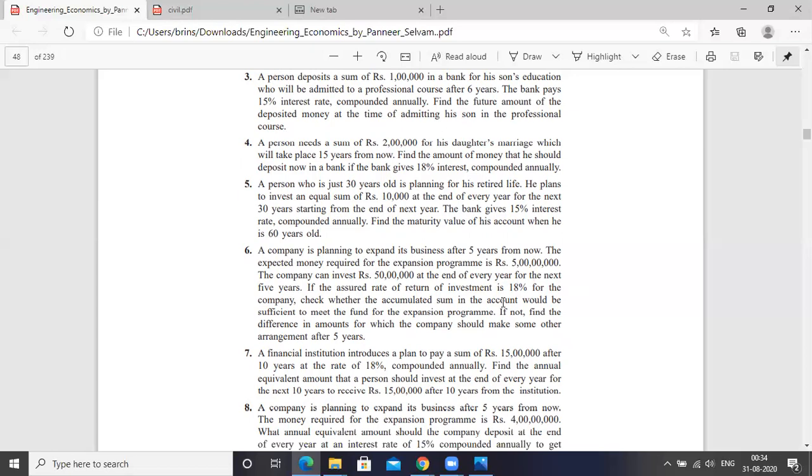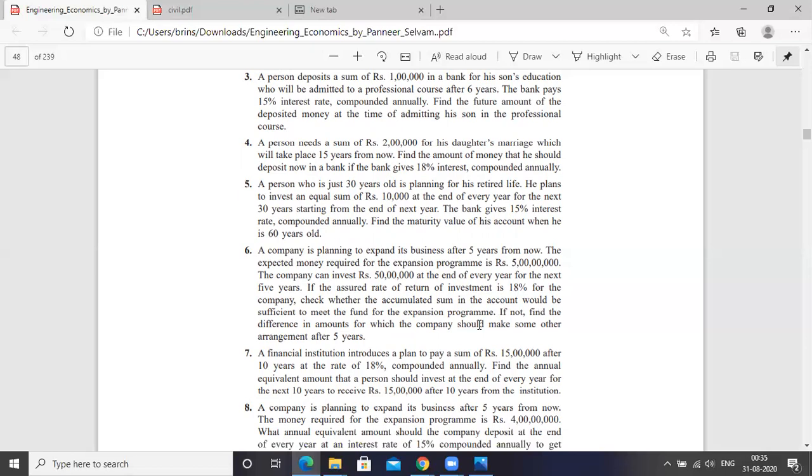Okay, so if you have a difference in amount, then you have to find the difference for which the company should make some other arrangement for 5 years.